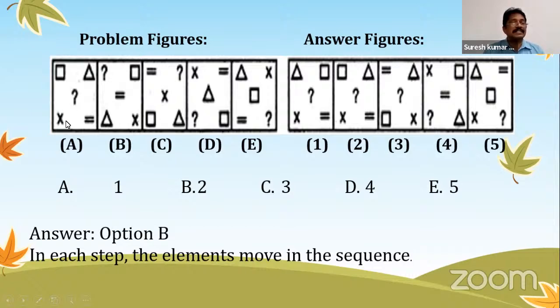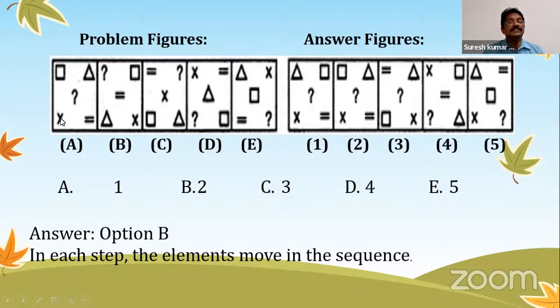This cross is moved here, and this triangle moves here. So see the order. This one moves here, and this one moves here, and this triangle moves here.